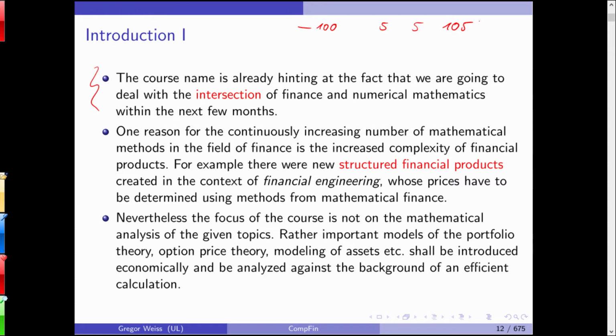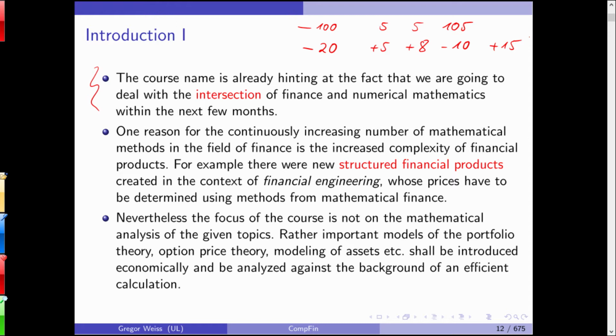You don't want to pay 100 and get 105, but you want a cash flow that looks like this. This is nothing that is even remotely related to a stock, a bond, or a bank loan.